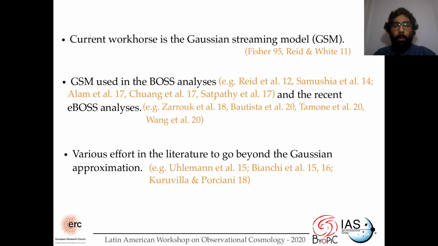It has been used in several surveys, for example in BOSS analysis and also in several recent eBOSS analyses. There has been various effort in the literature to go beyond this Gaussian approximation, to introduce asymmetric velocity distributions, or even heavier tails than Gaussian distributions.